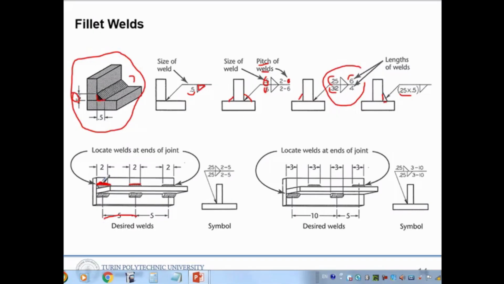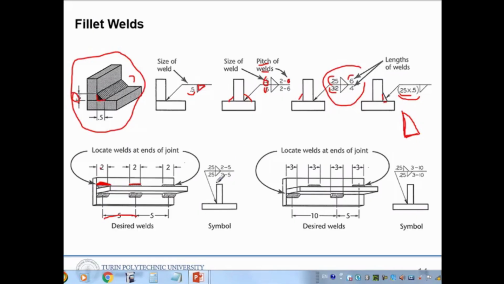As I told you before, if you have different legs, one bigger and one smaller, it is shown this way. First comes the smaller size and then the bigger size, so the horizontal size and then the vertical size.